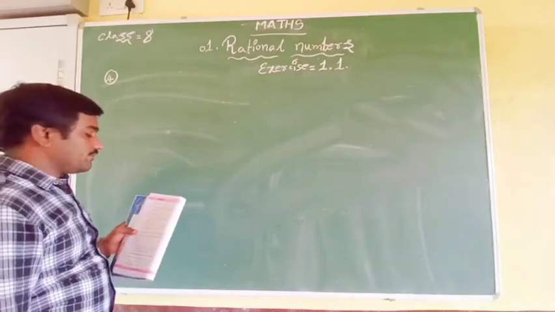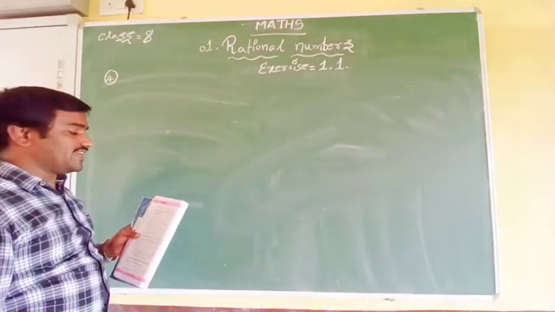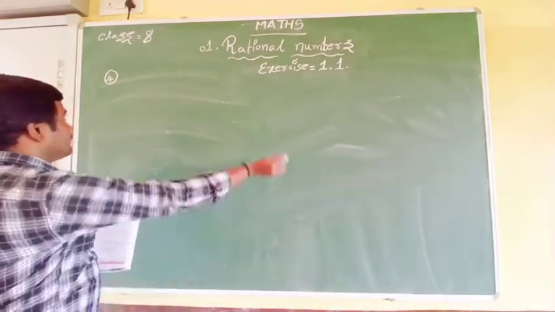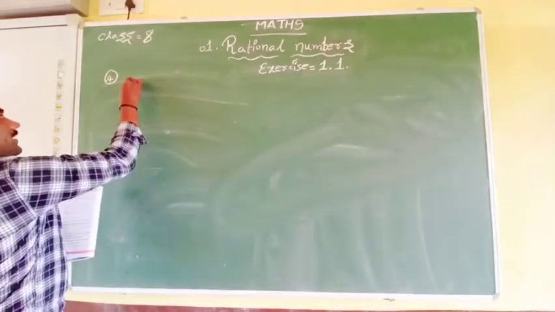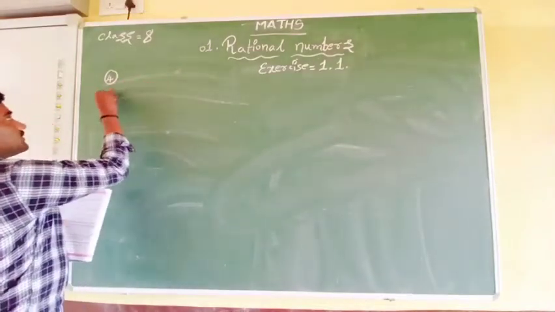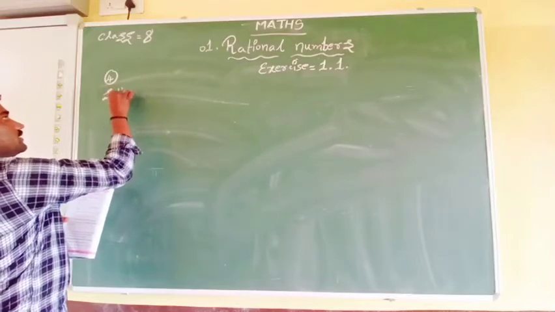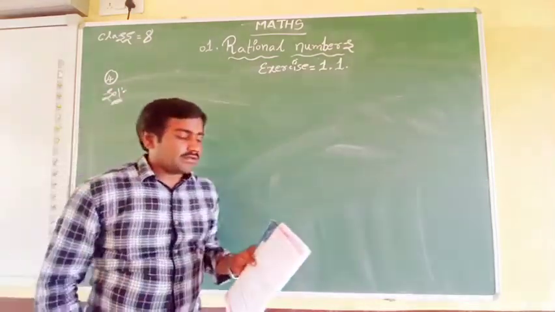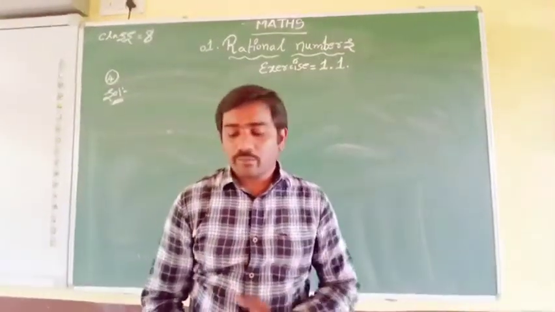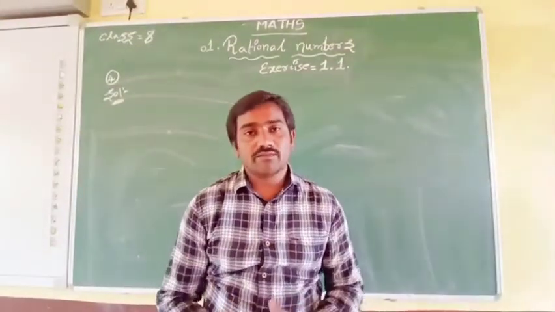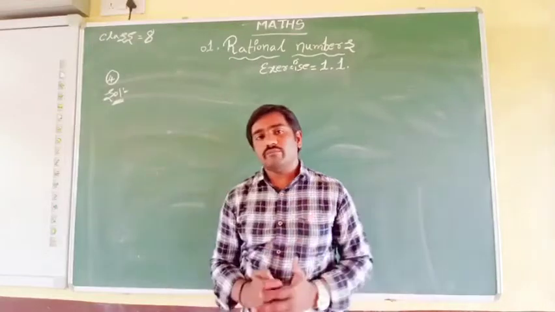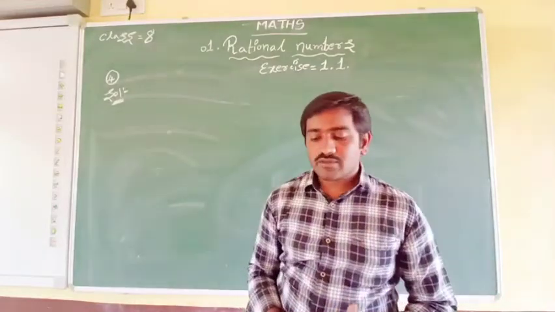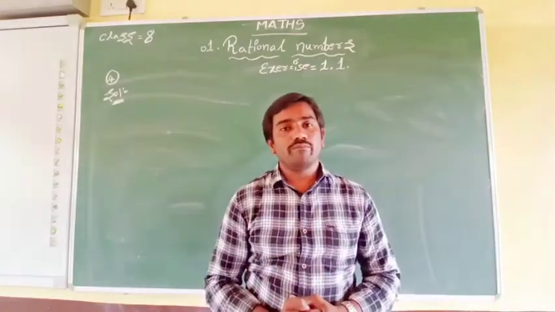So, we have to multiply here. Let us do it. First of all, we need to write the given numbers. One is 2 by 11, the other one is minus 5 by 14.